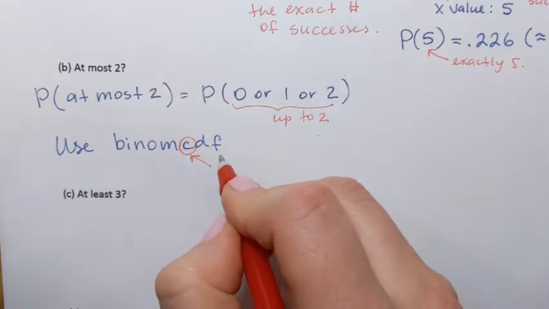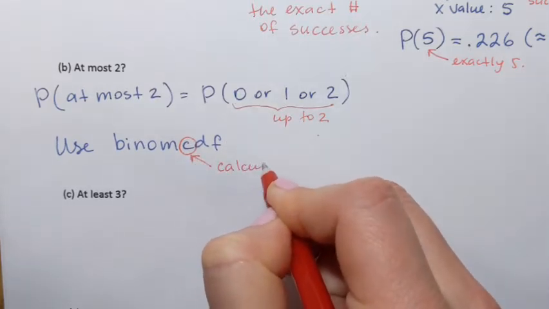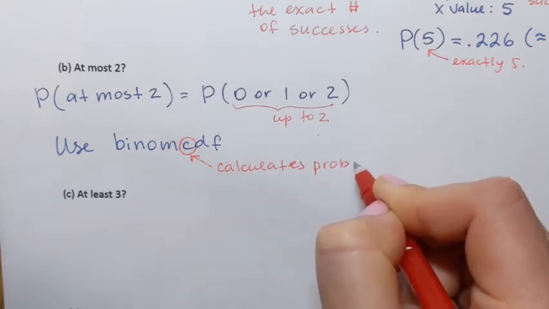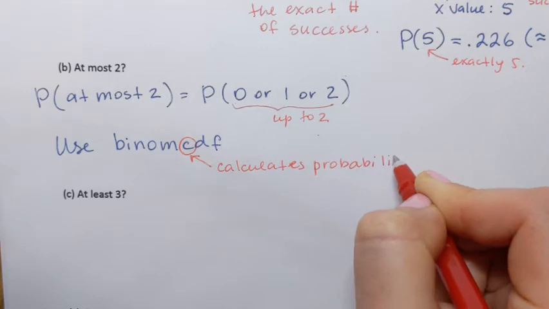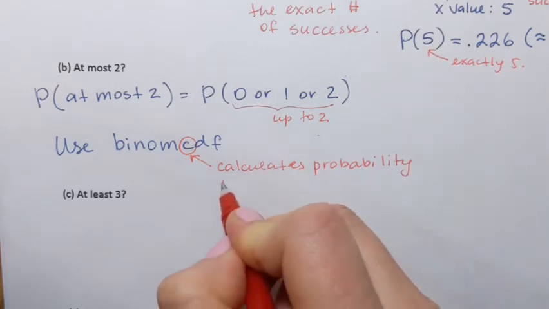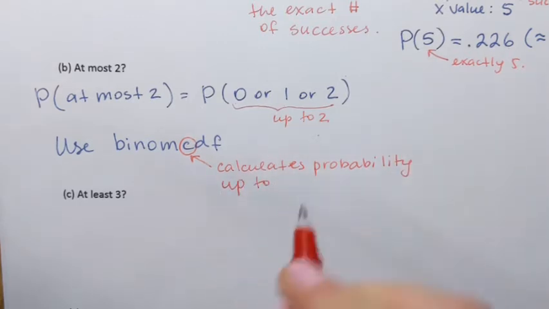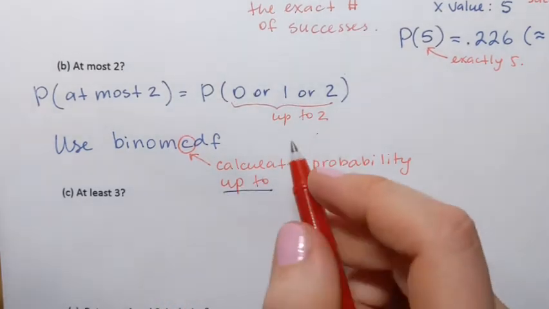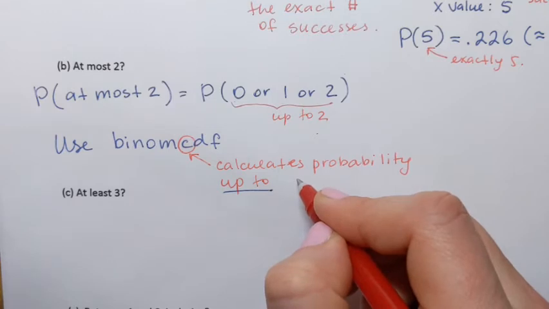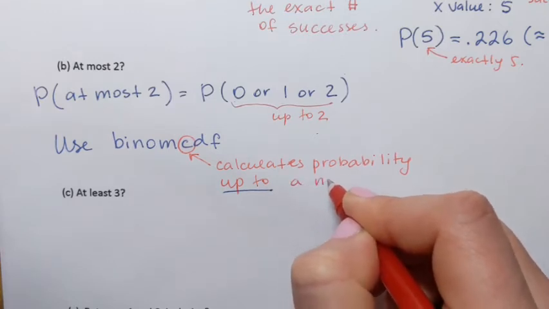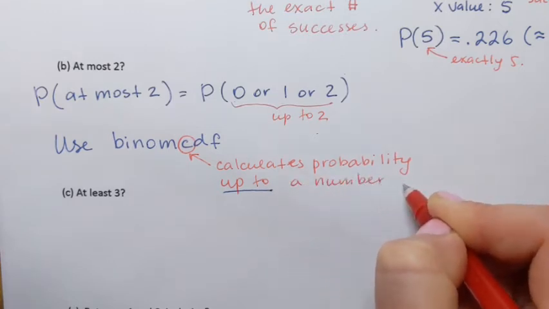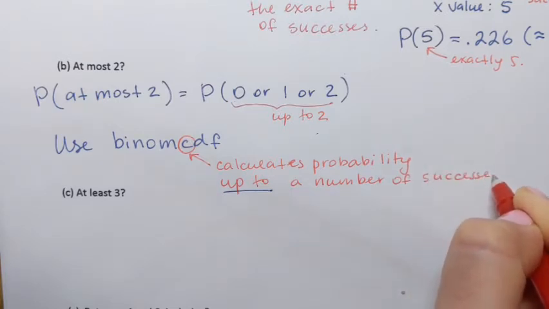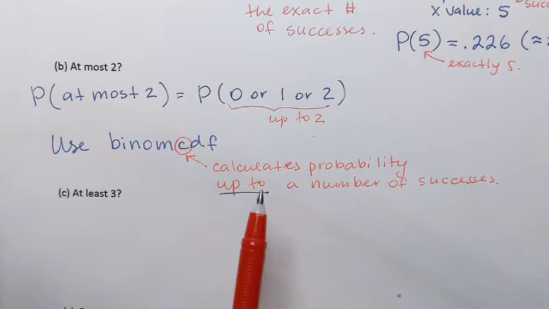So it calculates probability up to, and these are the keywords here, I'm going to be referring to them several times, up to a number of successes, which is exactly what we need to do right now, right?